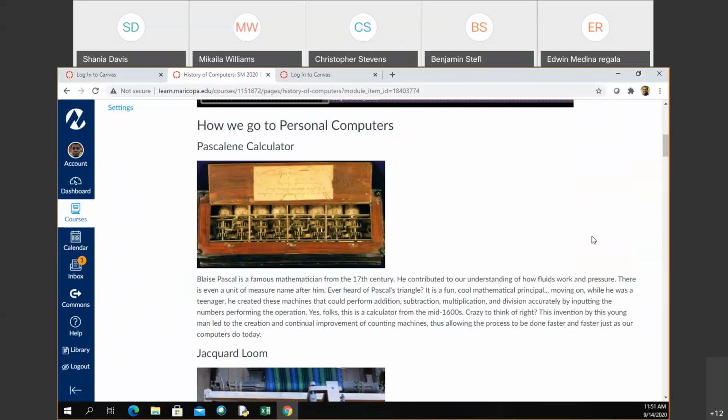It all depends on what kind of job you have, what your income is, how much you owe in taxes, how much taxes you've paid, and things like that. But this is back in the 17th century, so the 1600s. His dad was doing all these calculations, and it would take a while. He wanted to help him, and he's a teenager. I want to say he's between 12 and 16.